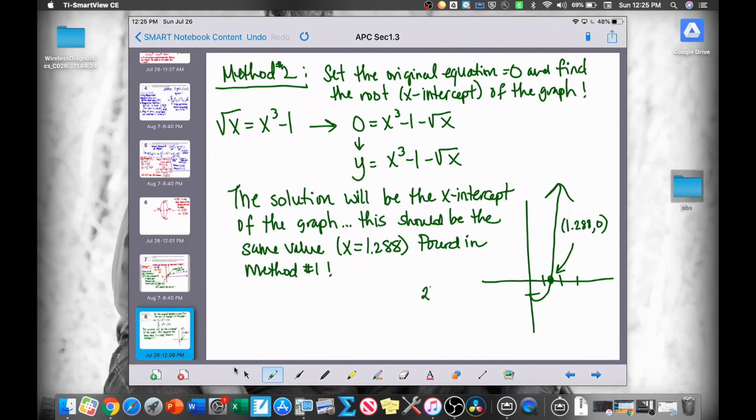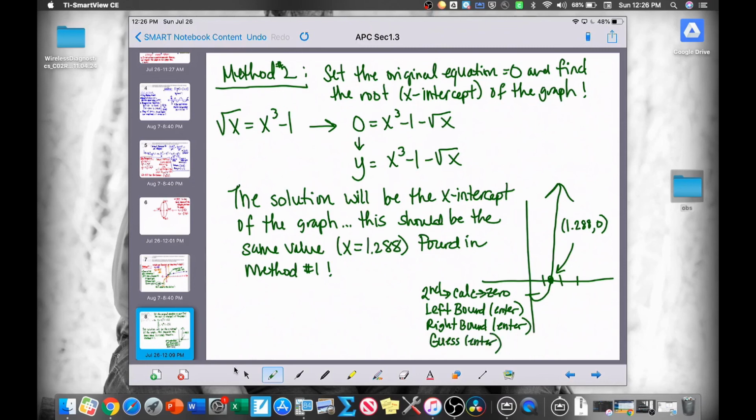And how did we get that? Well, we did second level, calculate 0, and then we did the left bound. We hit enter. We did the right bound. We hit enter. And we did our guess. And hit enter.